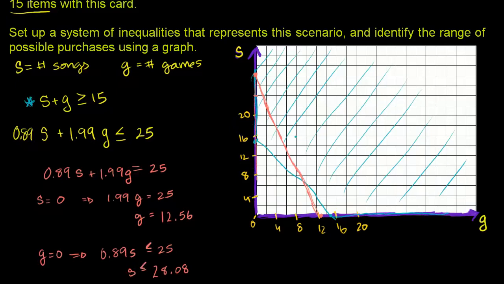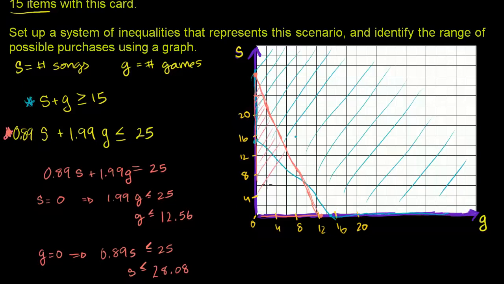When s is 0, if we care about the actual inequality, we get 199g is less than 25. G would be less than or equal to 12.56. So when s is equal to 0, g is less than 12.56. So the area that satisfies this second constraint is everything below this graph.